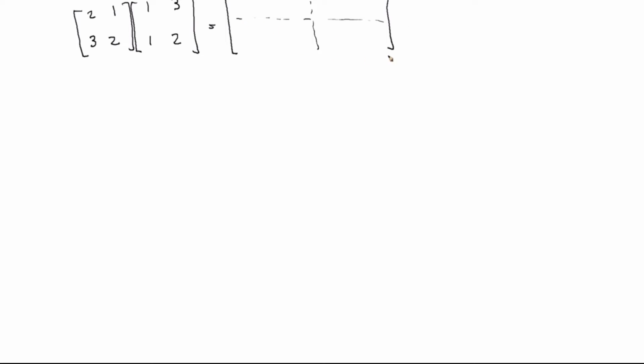I put little dashed lines in there to separate the entries in the matrix. For the 1, 1 entry, if this is A and this is B, we have the first row of A with the first column of B. So that's 2 times 1 plus 1 times 1.